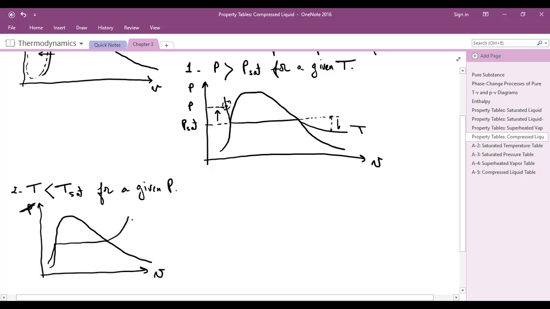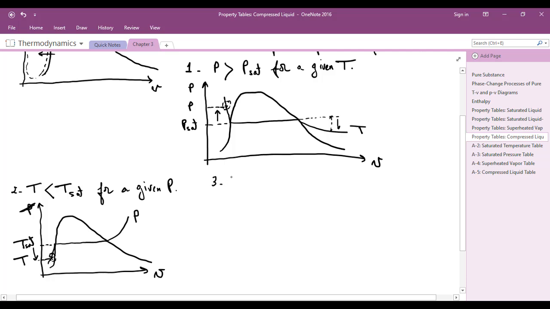So this is the line of constant pressure, and this temperature here is the saturation temperature, and in the compressed liquid region we should have a temperature that is lower than the saturation temperature.